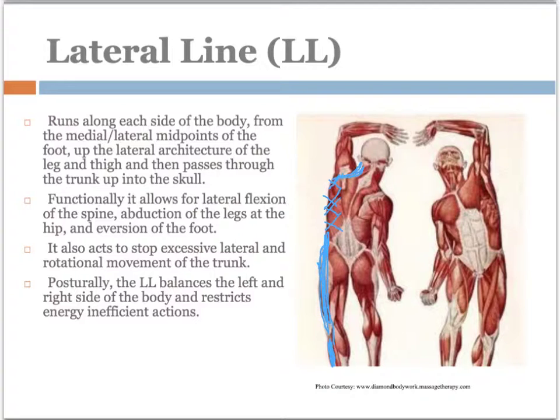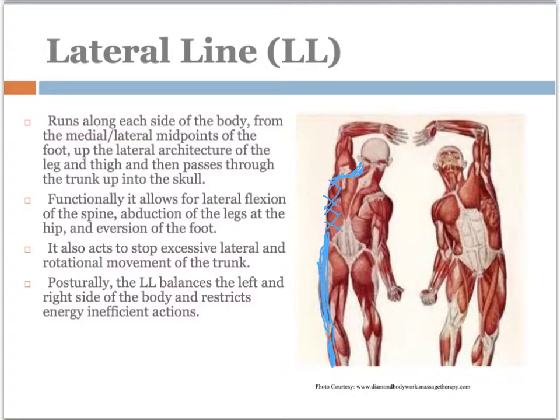The lateral line's movement functions include lateral flexion of the trunk, abduction at the hip, and eversion of the foot. It also acts to stop lateral or rotational movements of the trunk. Posturally, the lateral line balances front and back, and also left and right.